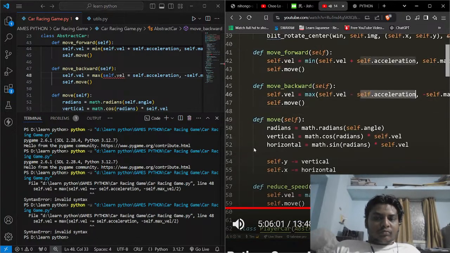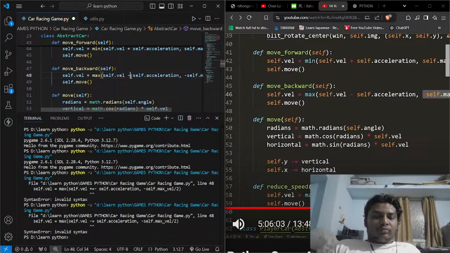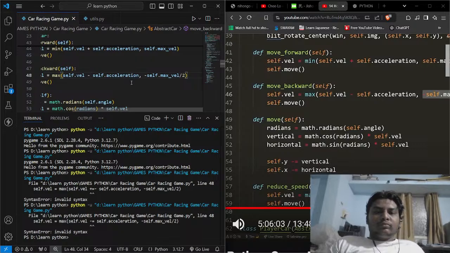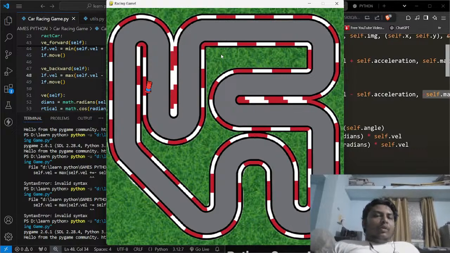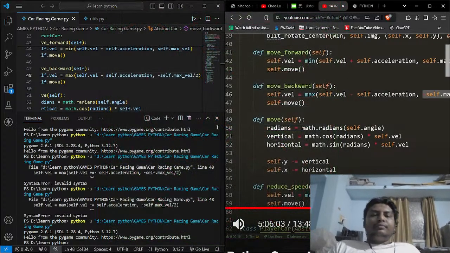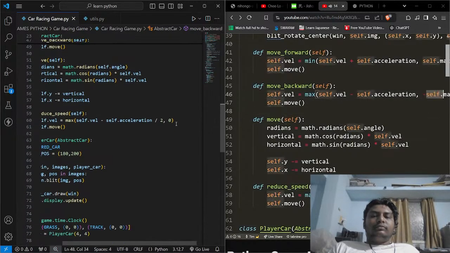So it's the minus self.acceleration and then negative self.max_velocity over 2, just splitting that in half.